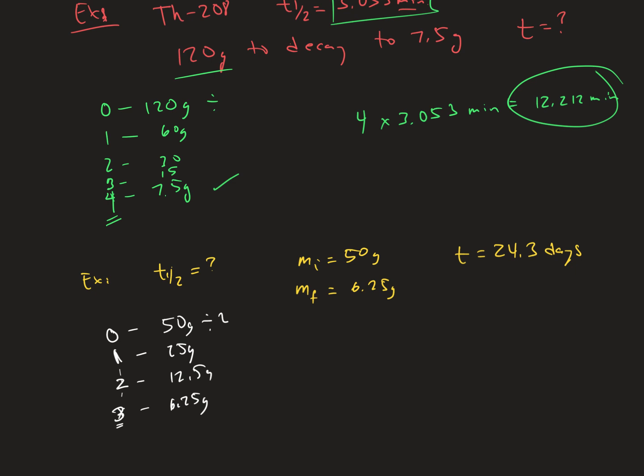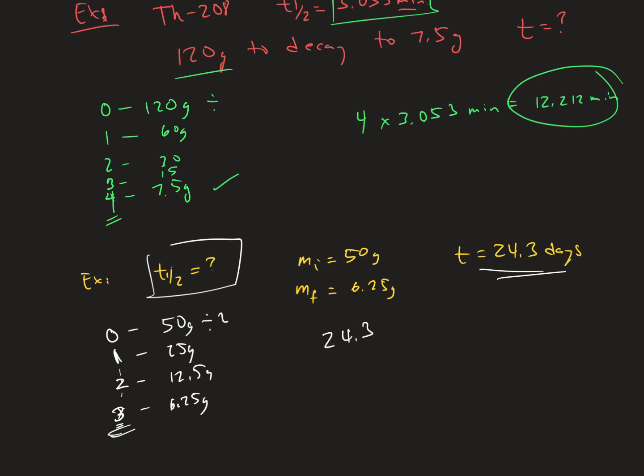Is our answer 3? No, because that's not the question. Our question is, what is the half-life? How long is the half-life? So what do we do? Yeah, we got to do something with 3 and something with the total time, right? 24.3.